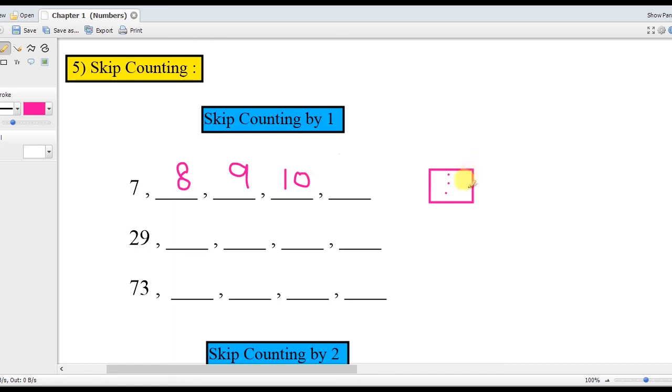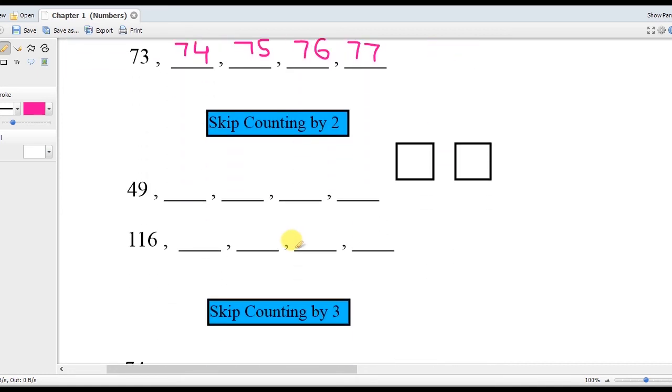After that 11. Right? Now the next number is 29. So skip 1, the next number is 30, then 31, then 32, and then we have 33. In the last question, which is 73, we have to fill in the blanks by skip counting by 1. 74, 75, 76, 77.